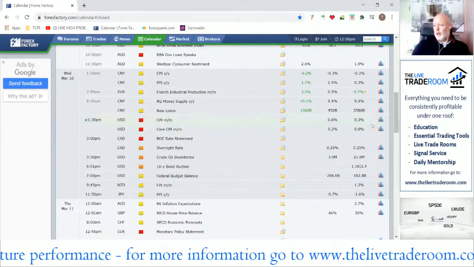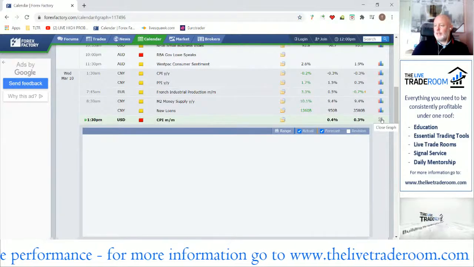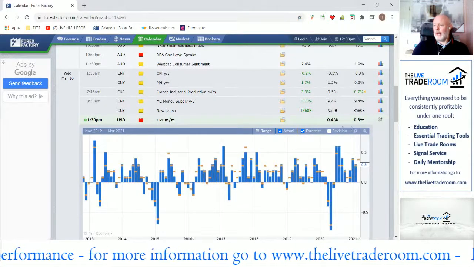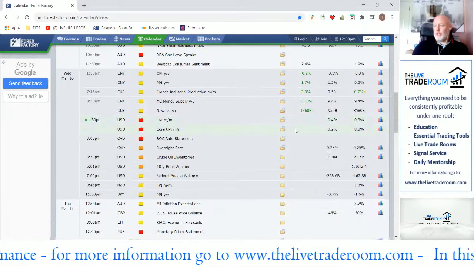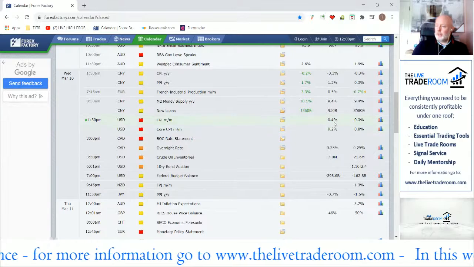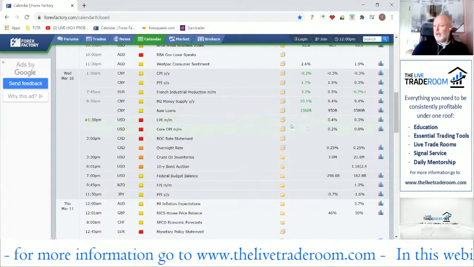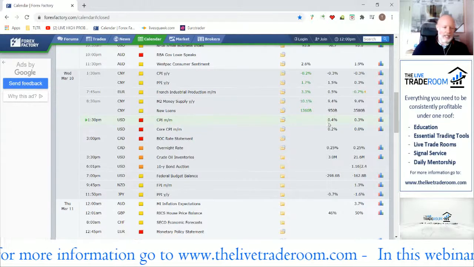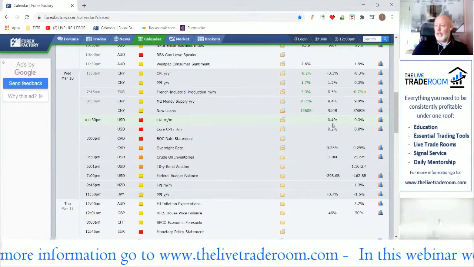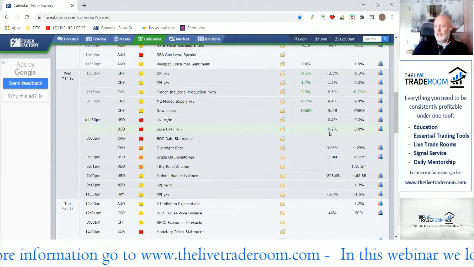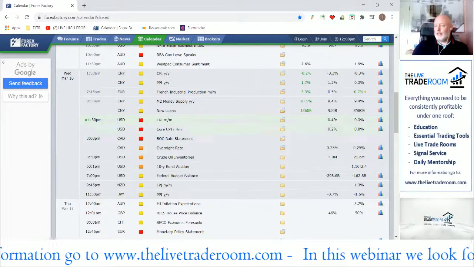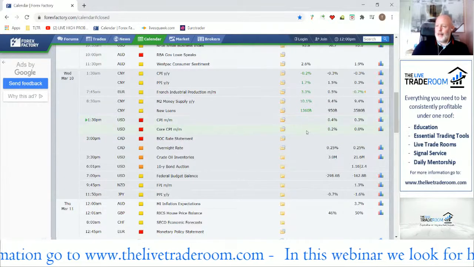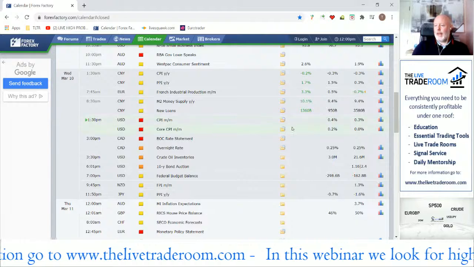We wouldn't ordinarily be expecting significant deviations off these numbers, but we will be interested to see. On the CPI monthly figure, we're expecting a 0.4% growth in CPI, 0.2% as far as core CPI is concerned, and we're just waiting to see if we get an uptick in that.